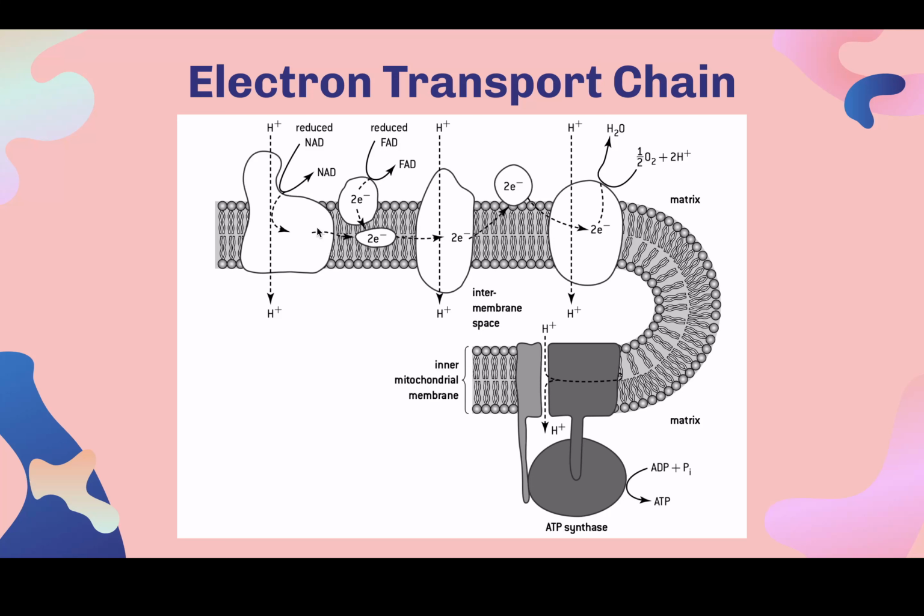So when there's hydrogen over here, these are membrane proteins, which means certain molecules can transport through them. So hydrogen transports through each of these membrane proteins because there's a higher concentration of hydrogen in the matrix because of these oxidations happening.